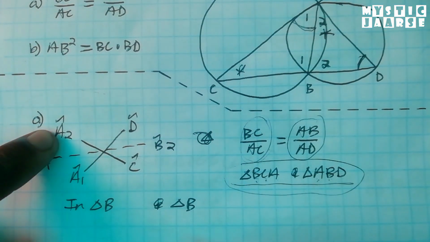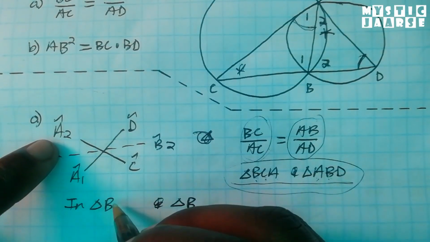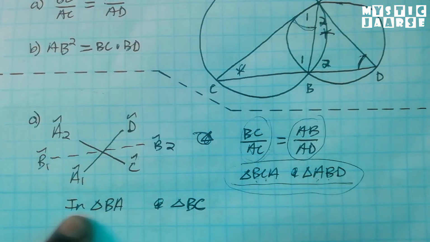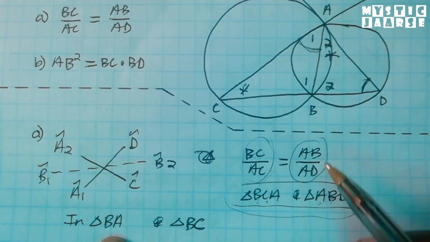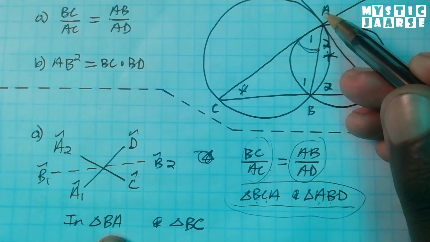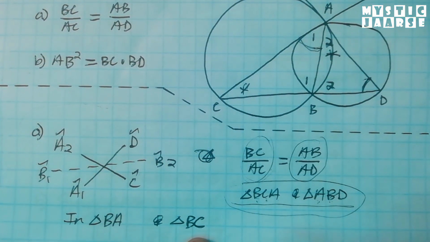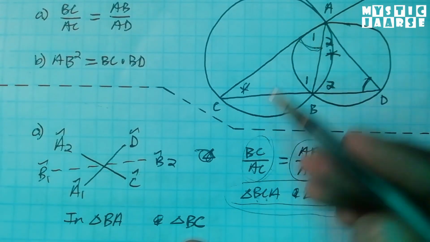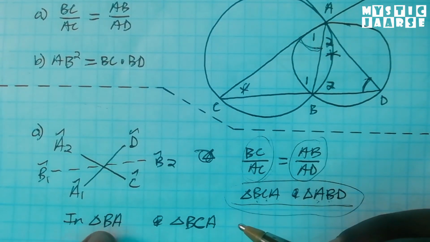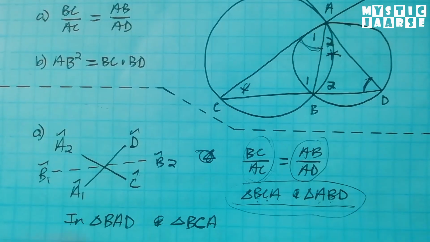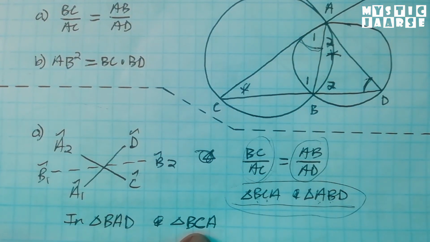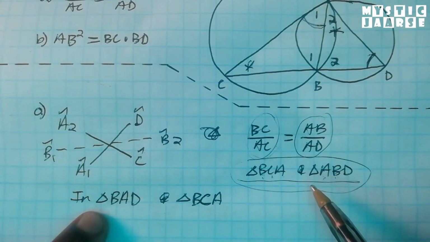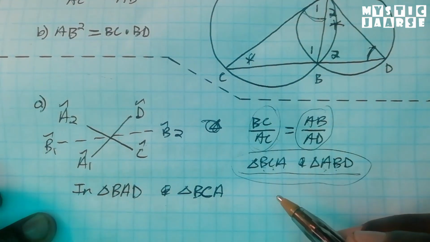Then we have A and C. Triangle BA, A corresponds with C. So on this side we have triangle BA, and on this side we have triangle BC, so this one is going to be BCA, and A corresponds with D, so we have triangle BAD and triangle BCA.